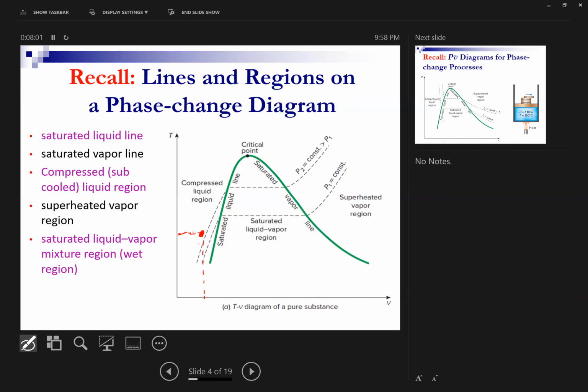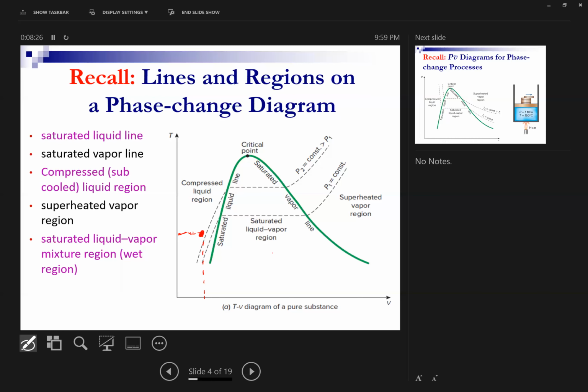If it happens that the state of the material is under the dome, anywhere under the dome, then I have a mixture of saturated liquid and saturated vapor, meaning that part of my material is in liquid phase and the rest of it is in vapor phase.